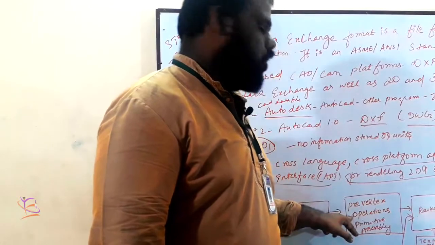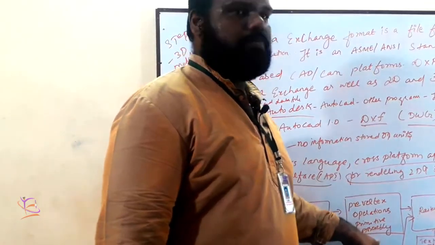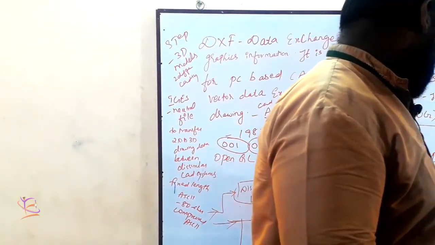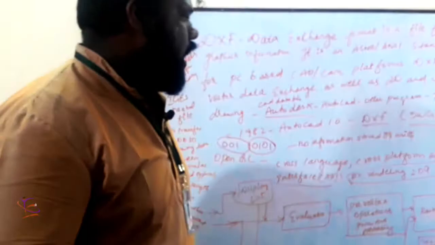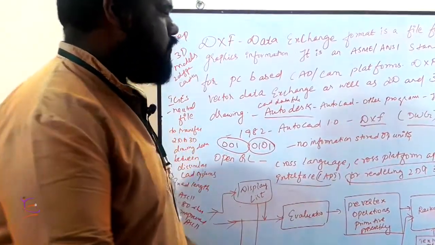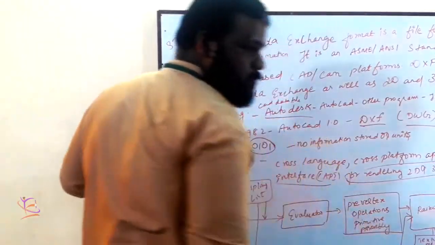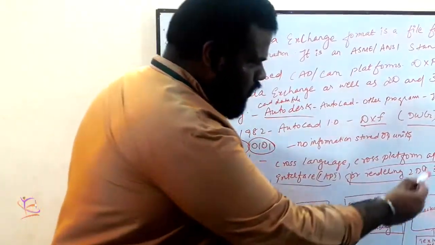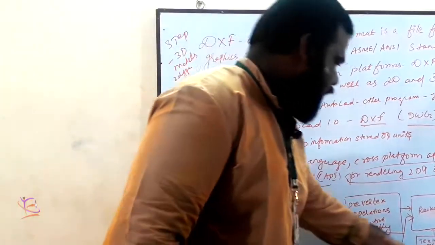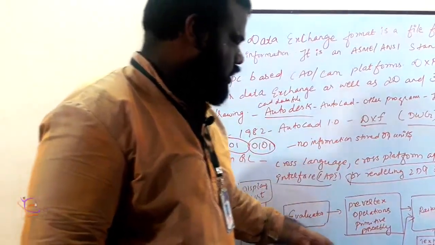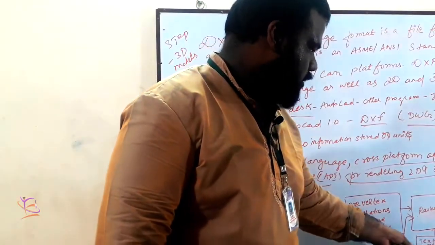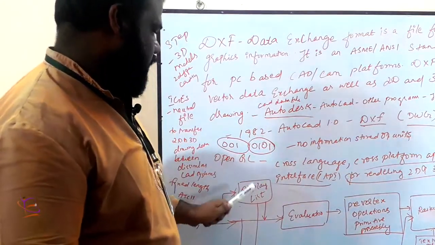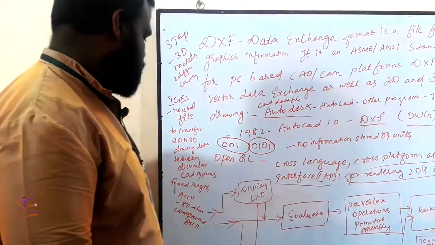Then rasterization, and per-fragment operations. From per-fragment operations to the frame buffer, and from the frame buffer to pixel operations. Again from pixel operations to texture memory, and again from texture memory to rasterization. And here, again, display list to pixel operations.